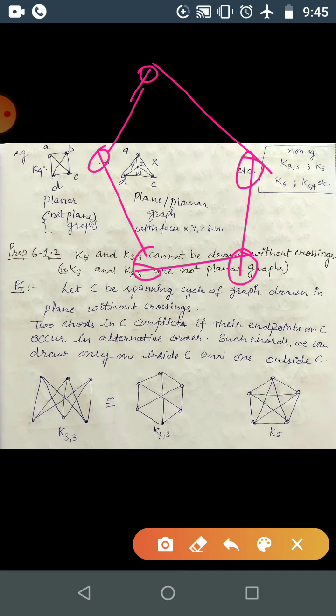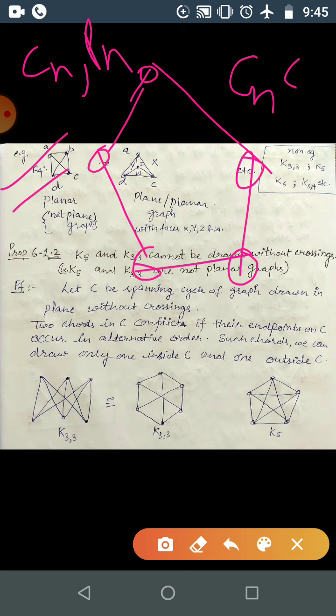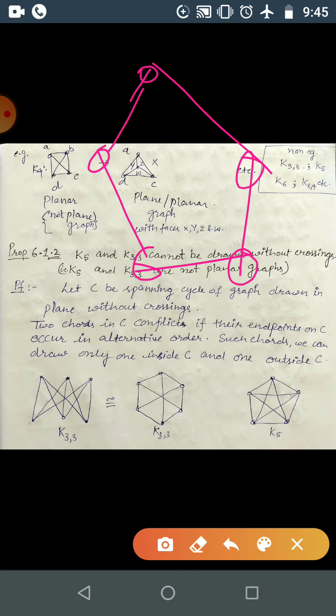In the examples of planar graphs, every Cn is planar, Pn is planar, and Cn is a part of Kn, we know, correct. So here C5 is a part of K5, and C5 is a spanning cycle in K5, correct. So we can draw this spanning cycle as a plane graph, correct. So here I have just drawn it.